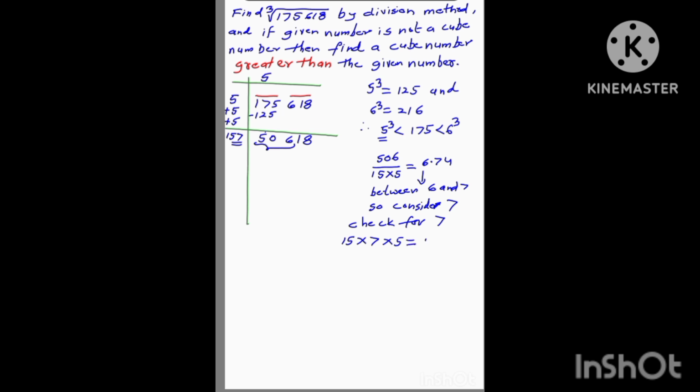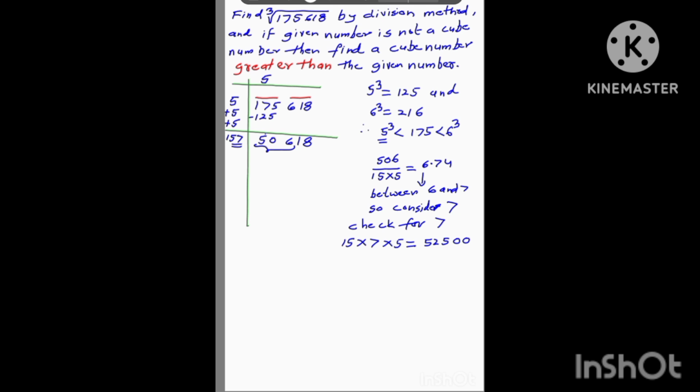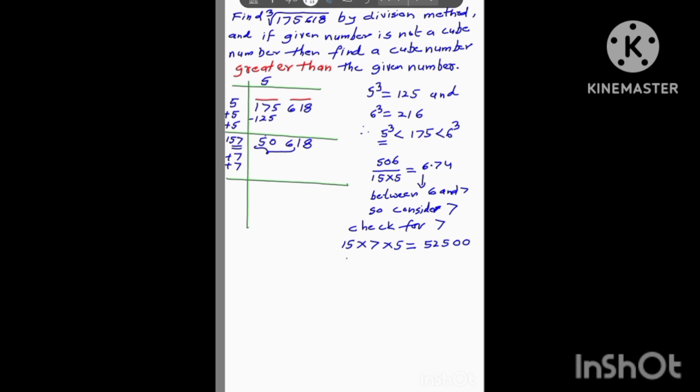Now solve this. 5 2 5 and 0 0, neglecting the last 2 digits, and again add 7 plus 7, and again 157 into 7 into 7. Remember this. If you solve some problems, these are very easy calculations, and write this number.